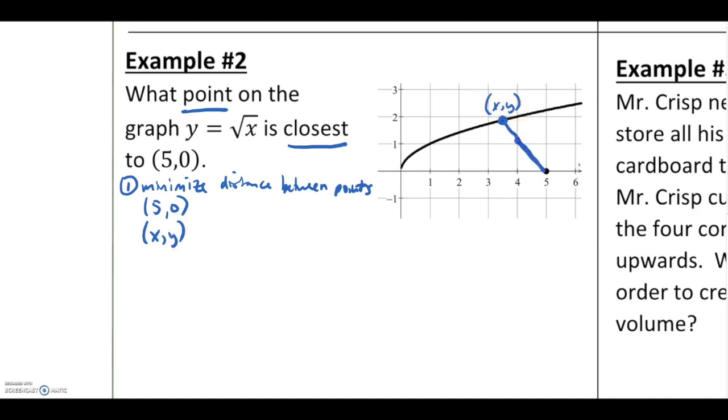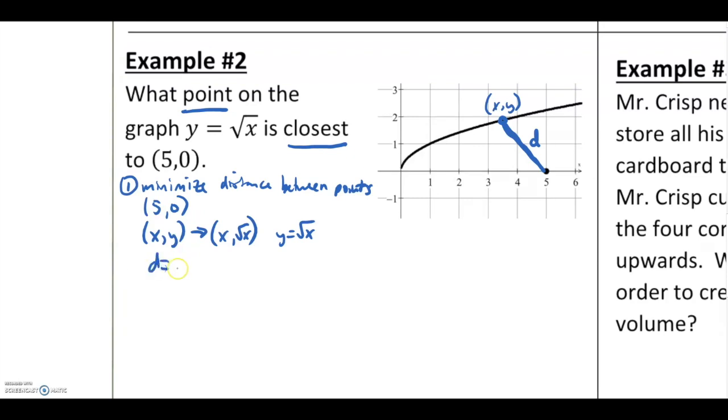And we're trying to figure out this distance. We're going to just take advantage of this graph and make that our picture. But beyond that, we actually know that the second point is not just (x, y), it's (x, square root of x), because all of our y values are defined by the square root of x on that curve. So what we want to do is make an equation that's going to define this distance.